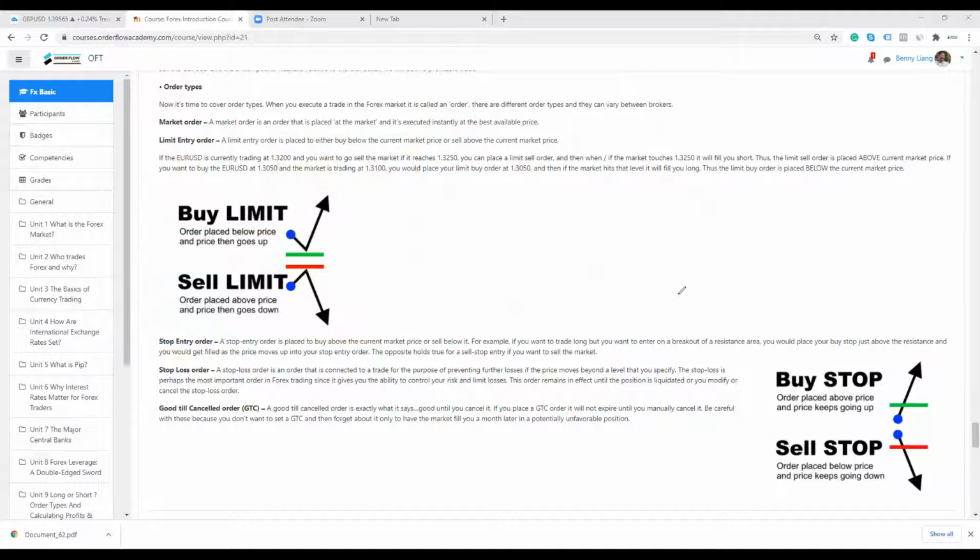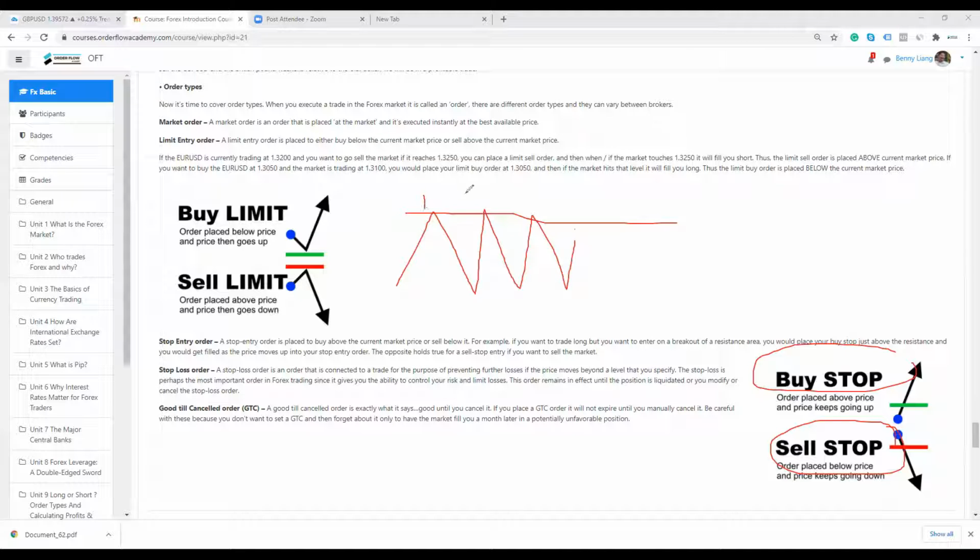Then the next kind of order is what we call buy stop and sell stop. Now, what is a buy stop and sell stop? Let's say price is trading like this, and there are many traders looking at this. Hey, the price has already traded 1 time, 2 times, 3 times. So it looks like when the price comes up, they expect this price to break above, right?